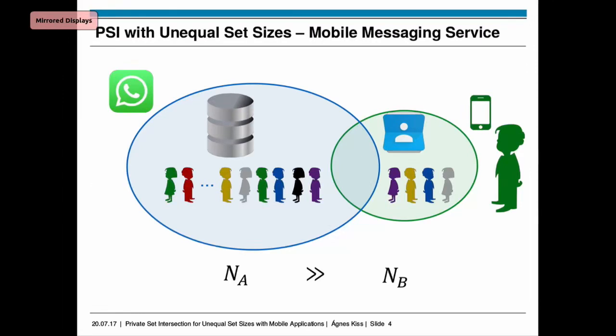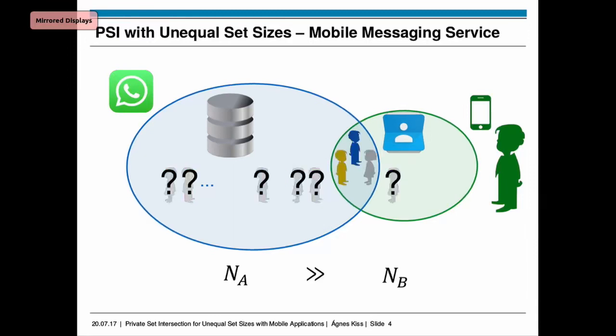An example application is a mobile messaging service, for example, WhatsApp, which has a huge database of registered users, and Bob wants to also register and get to know which contacts he can now speak with through WhatsApp. So he wants to compute the intersection between his contact list and the database of WhatsApp and get to know who he can talk with. And in this scenario, we see that there is a significant difference between the size of the two input sets.